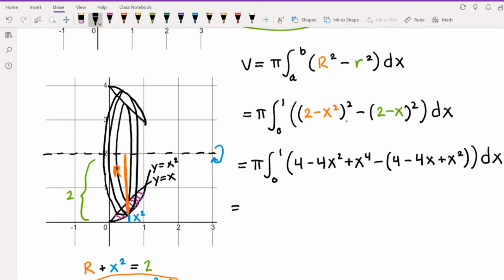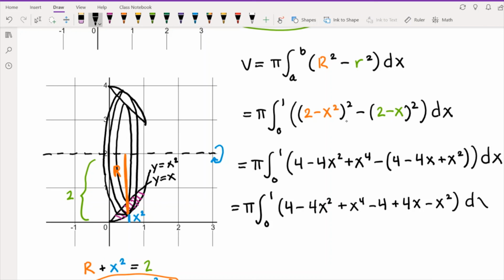So we can do some simplification. So we end up with 4 minus x squared, minus 4x squared plus x to the 4th, minus 4 plus 4x minus x squared dx.